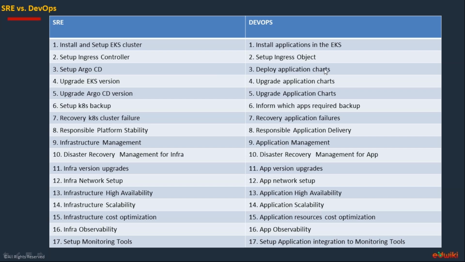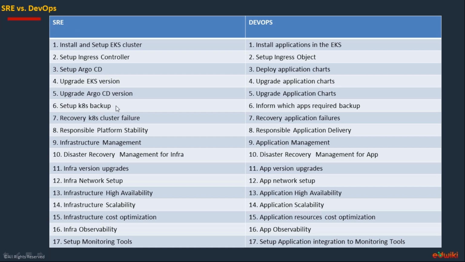You just prepare your application-related charts and publish them to your repos, and they will get deployed. That is your role. Upgrading the EKS version from one to another will be done by SRE, and upgrading your application-related chart configuration will be done by the DevOps engineer. If any backup has to be taken care of, Kubernetes backups and all will be done by SRE.